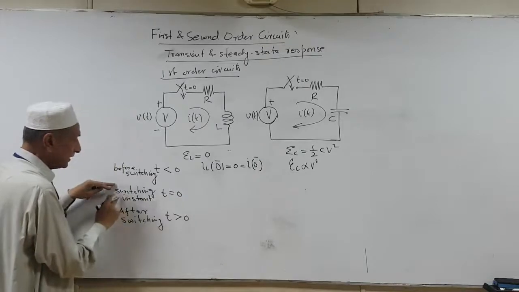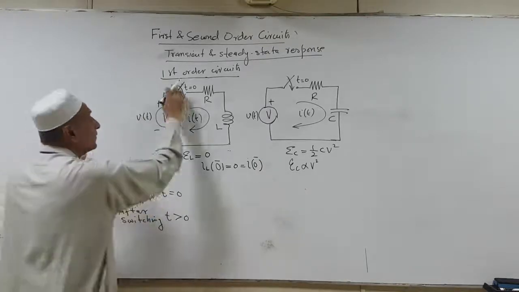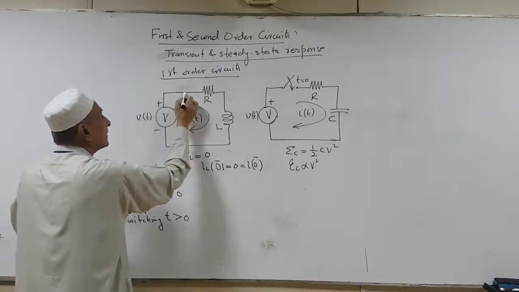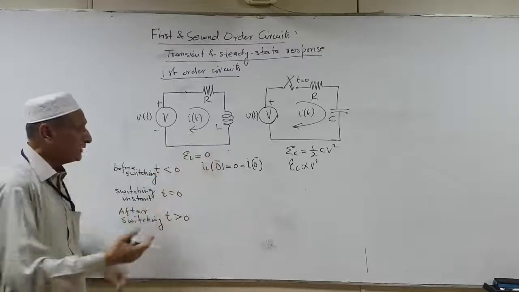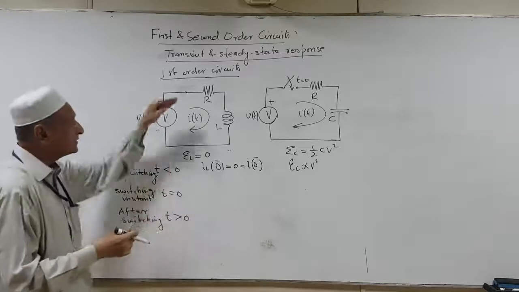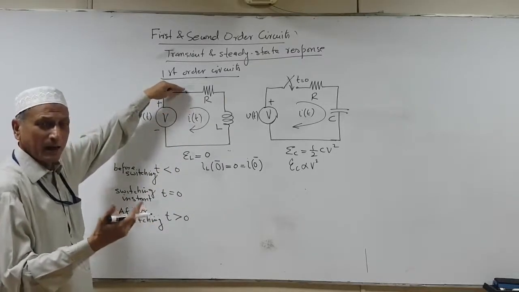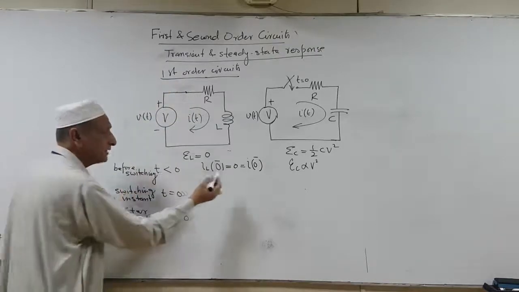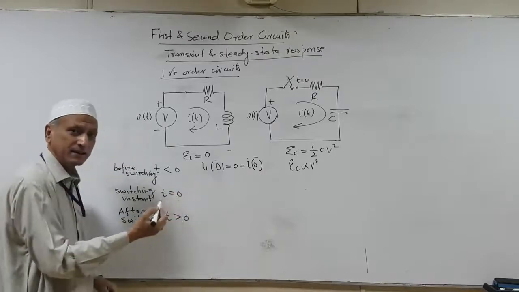Now we come to the instant of closing the switch. Now an inductor is sort of a reactive component. It will not change the current instantly. That is, at the instant of switching, at t equal to 0, the inductor current will not change.